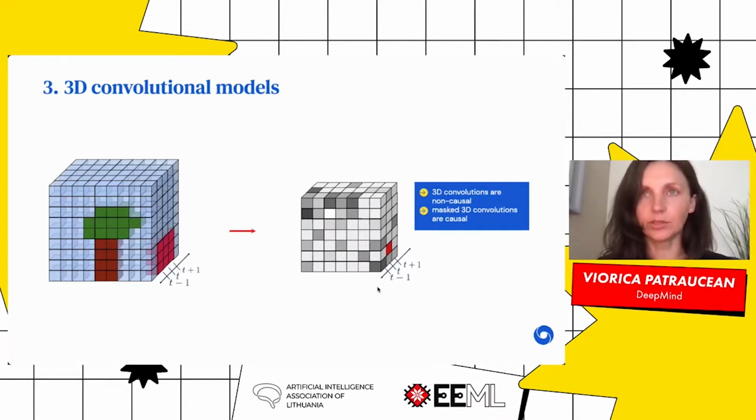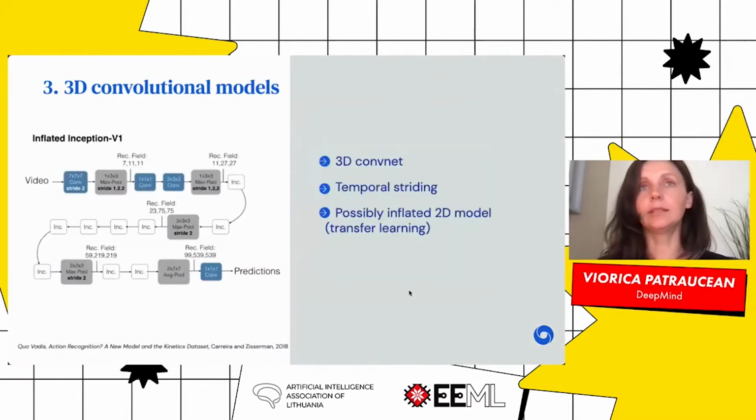This can be made causal using masked convolution, but yeah, there's some overhead in terms of computation. So they are accurate, but they are not ideal, let's say, from an efficiency perspective. And there are quite a few 3D convolutional models that were very successful. I should say these are successful for offline processing of videos mainly.